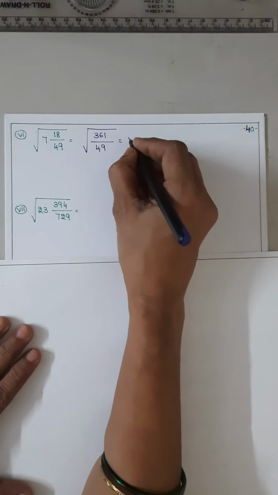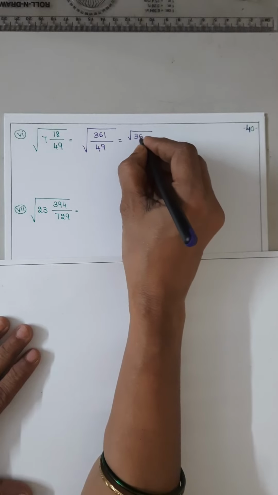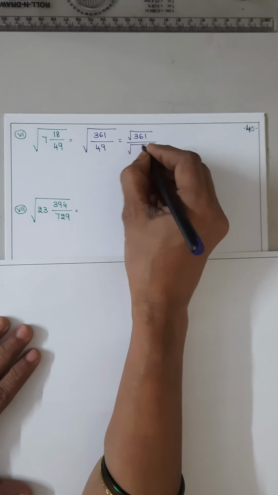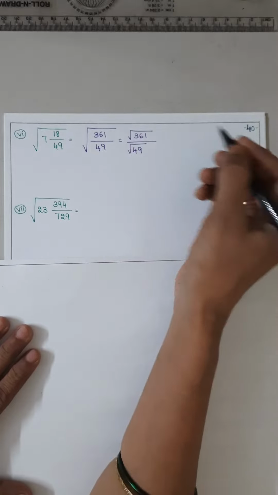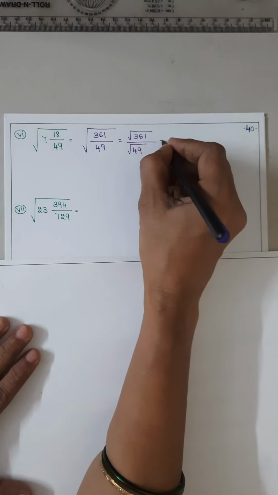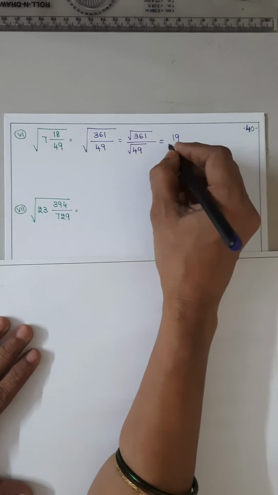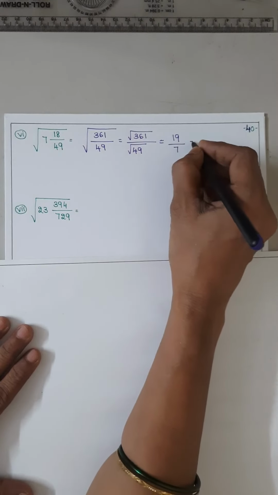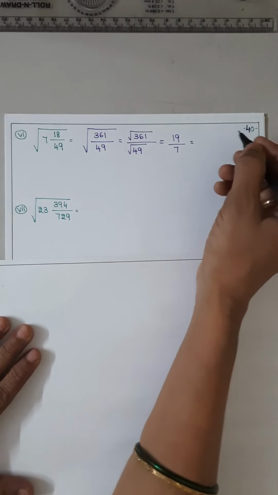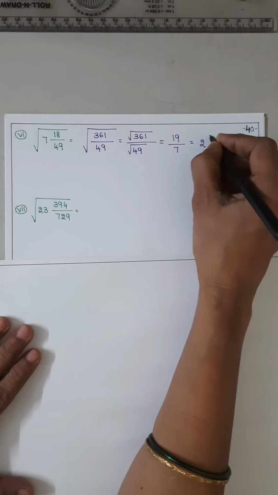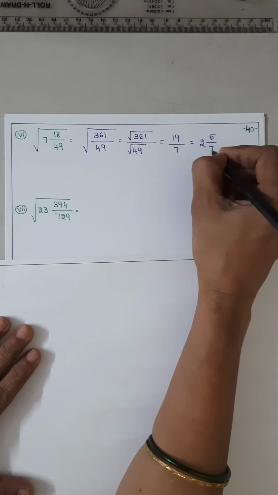That is the square root of 361 upon the square root of 49. That is equal to 361 is of 19 upon 7. 7 2s are 14. 5 remains and 7.